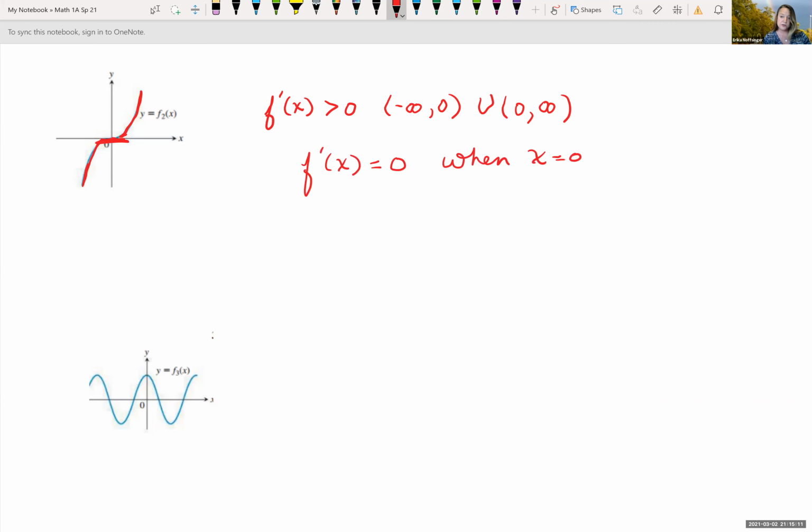So I know that my derivative function has to be above the x-axis everywhere except for 0. I'm going to have a point at 0, 0 on f prime of x. This is above the x-axis.